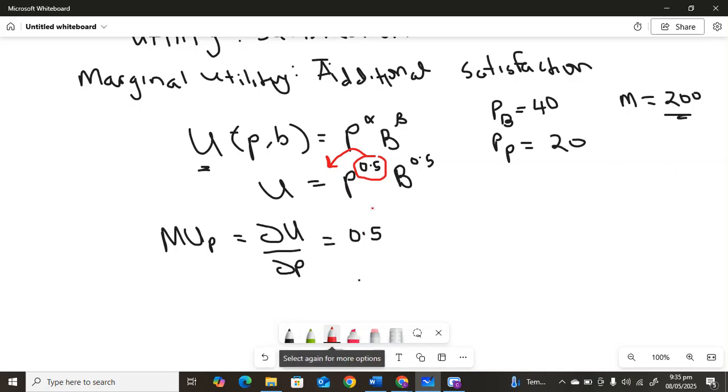Then you subtract 1 from this 0.5. 0.5 minus 1, that is negative 0.5. Then B to the 0.5. Okay, so this is the marginal utility for pork. Any questions?